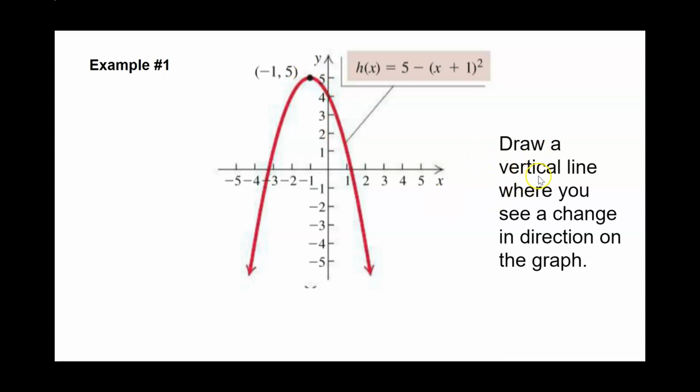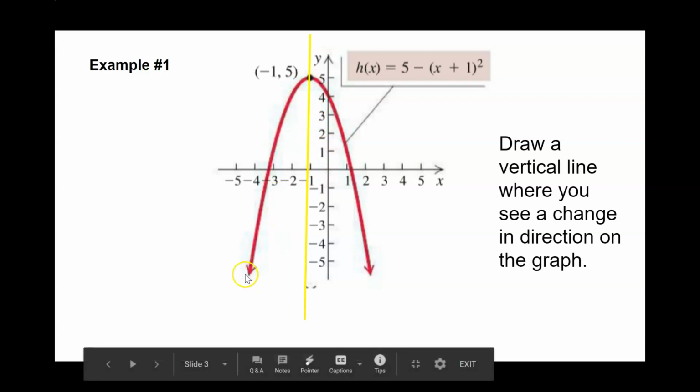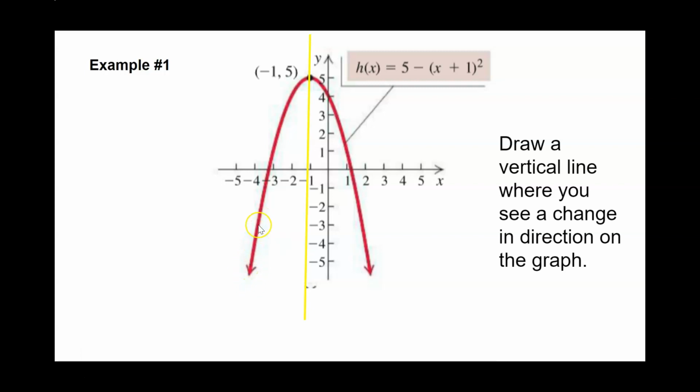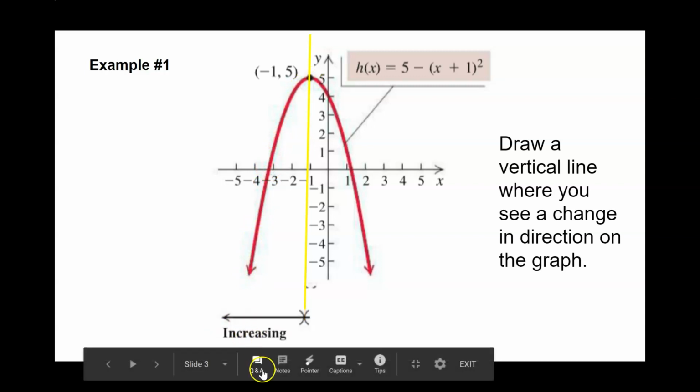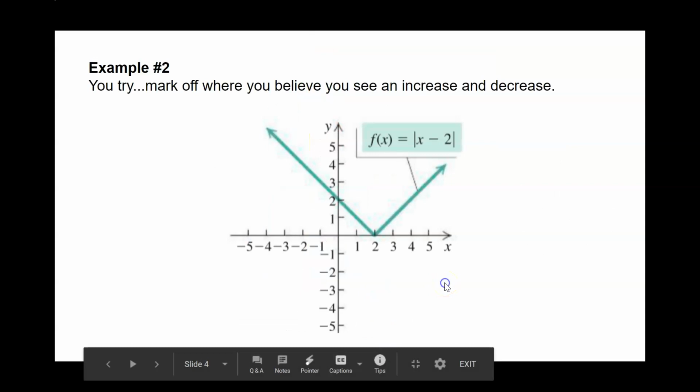So if we draw a vertical line straight down through the vertex, then we can see that this side of the yellow line is increasing. It's coming from here. I know it's going down, but it's starting from here and going up, reading it from left to right, and stops here. This side over here is called increasing. Now we change direction. Now it's going downward. So this side over here would be considered decreasing.